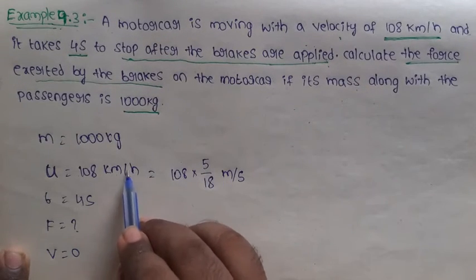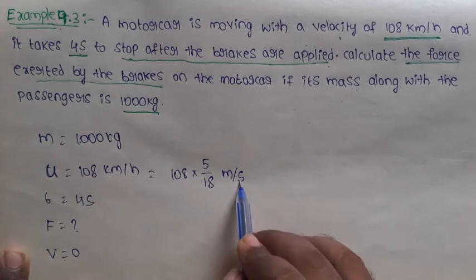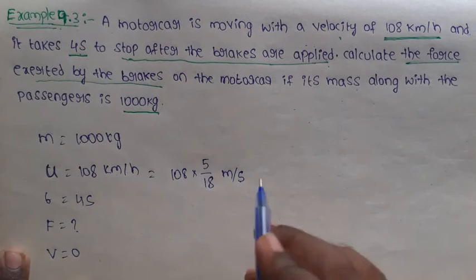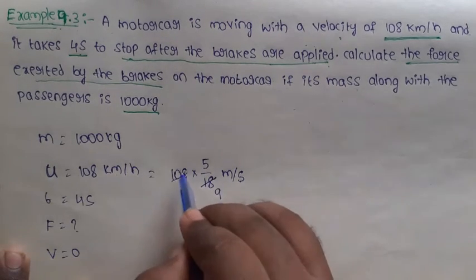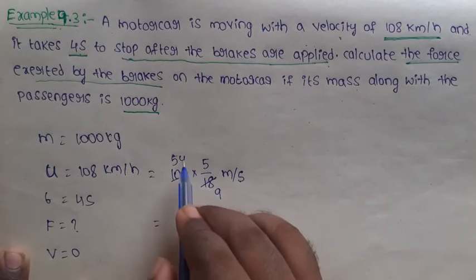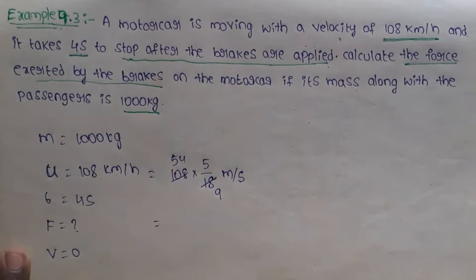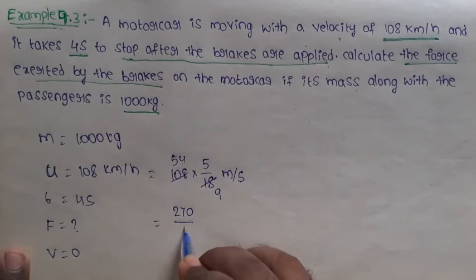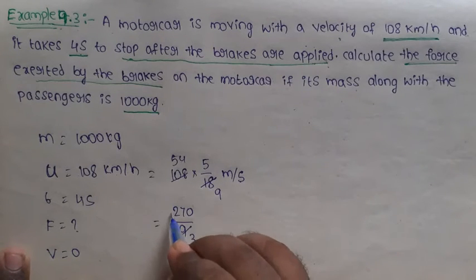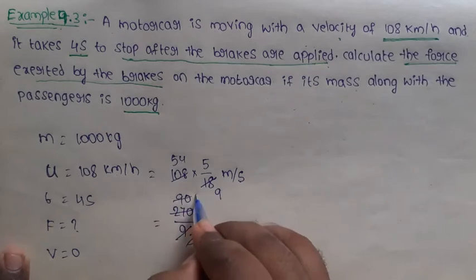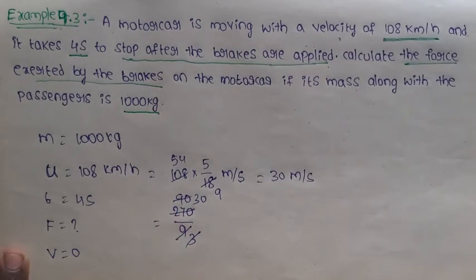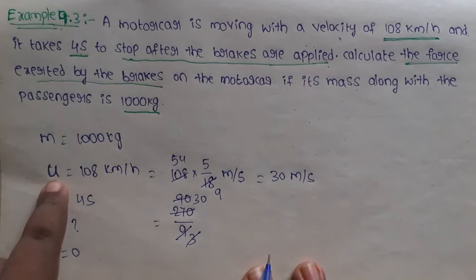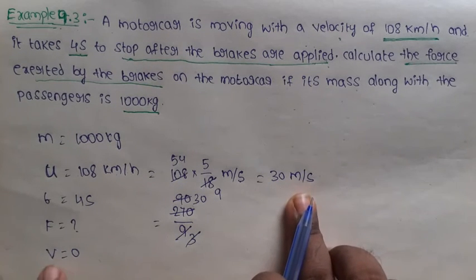How many times gets cancelled? 2 9s are 18, 2 5s are 10, 2 4s are 8. So 54 into 5, 270 by 9, 3 3s are 9, 3 9s are 27, 3 0s are 30. So 30 meter per second. So initial velocity is 30 meter per second. Final velocity is 0 meter per second.